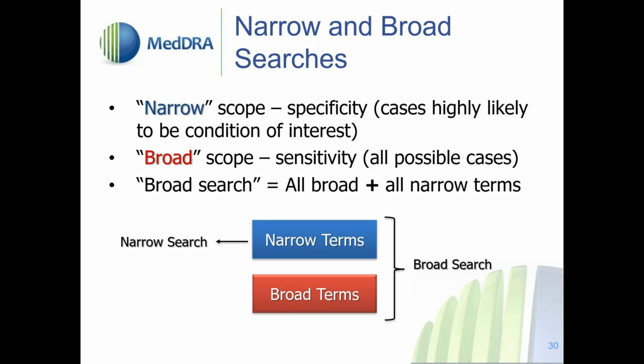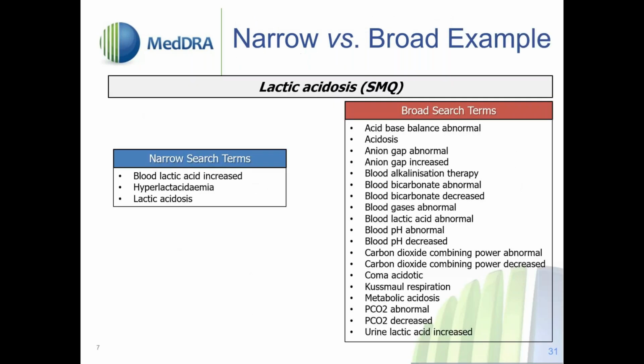Most SMQs have both narrow and broad PTs. There are SMQs that don't have broad, they're just strictly narrow. Like for example, if you think about conjunctival disorders or scleral disorders or lacrimal disorders, the terms in there are really very narrow.